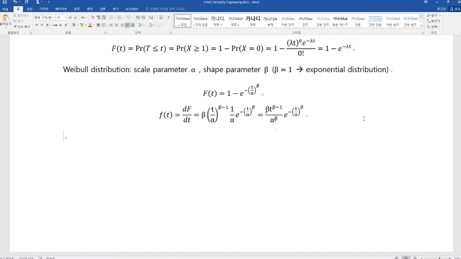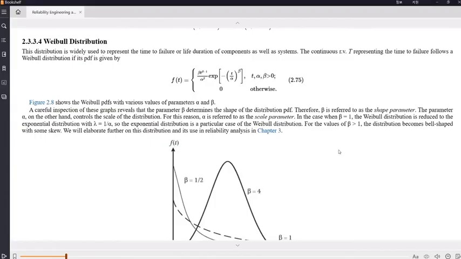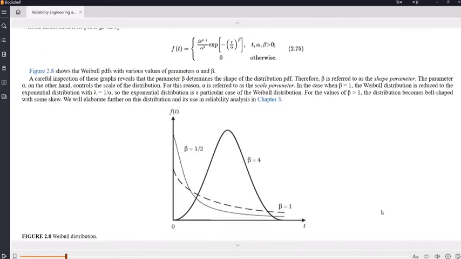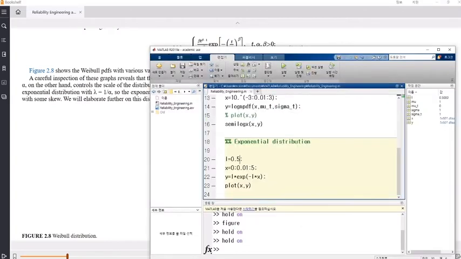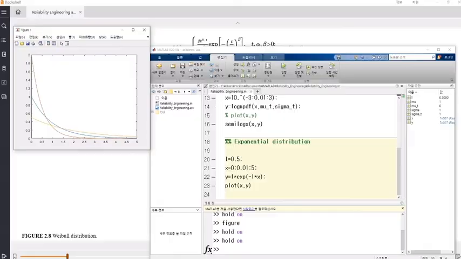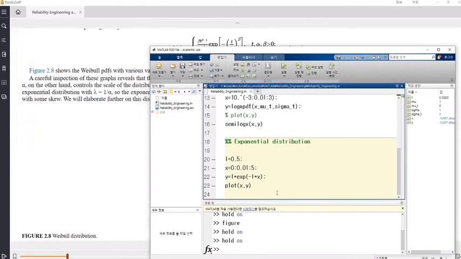So next one would be gamma distribution. So go back to our textbook. So this is Weibull distribution. Maybe we may also try to draw this.